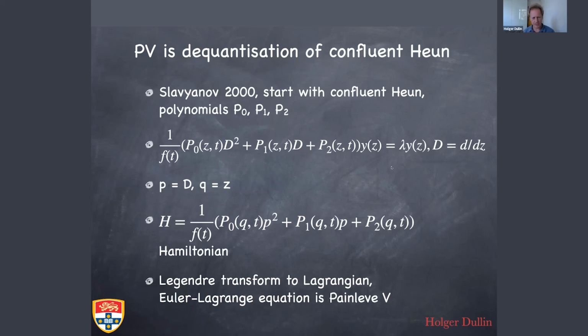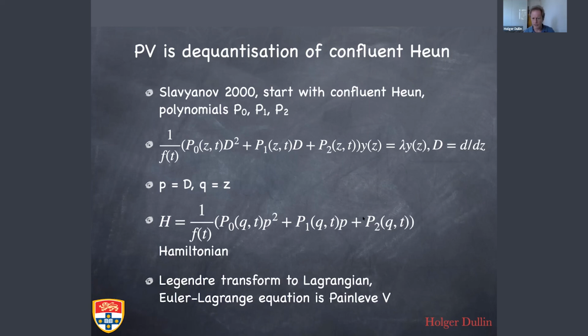Because now we're taking Heun and we're dequantizing it according to Slavyanov. So we replace this D by a P, right? So the quantization, remember, was to replace P by I, okay, up to I, this is the same, right? So I replace this by a derivative. I will replace the derivative by P, and the variable Q now becomes the Z, just a Q multiplication by Q.